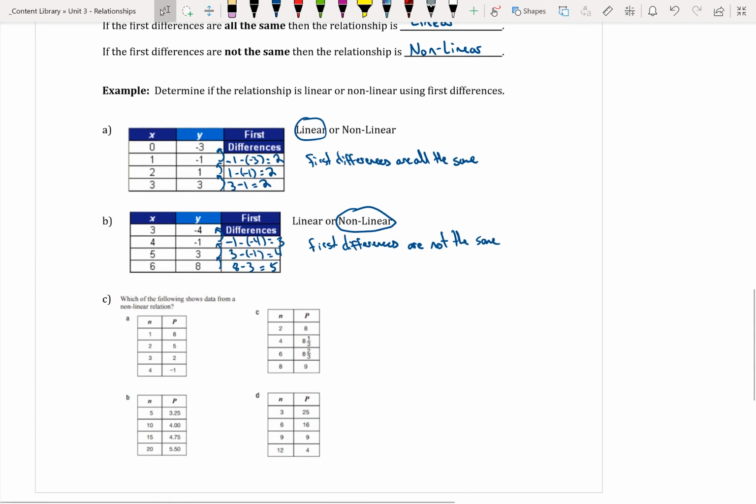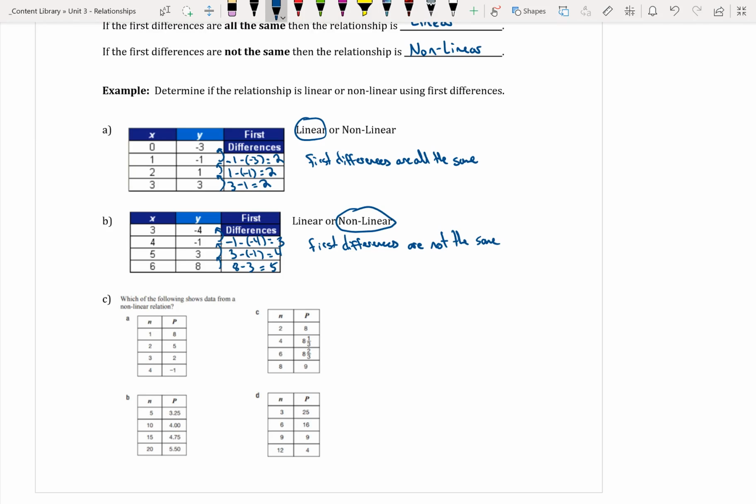For example C, what we're looking for now is which of the following data show a nonlinear relationship. So you can look through and you may be able to pick it out, or it may not be clear which one is nonlinear. And what you can do then is go through and check the first differences for each one.